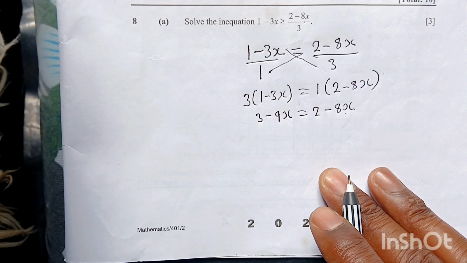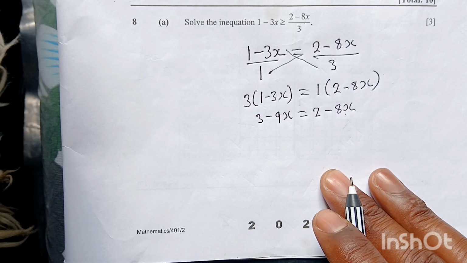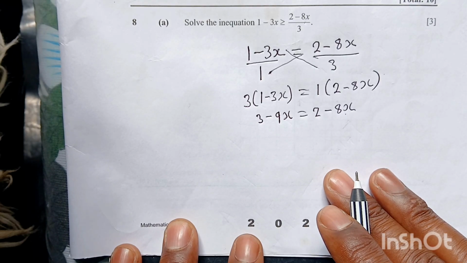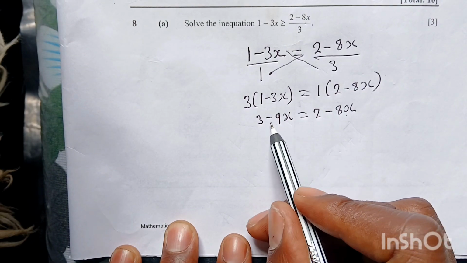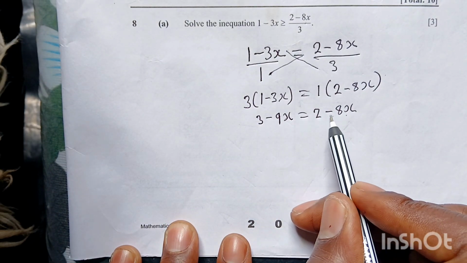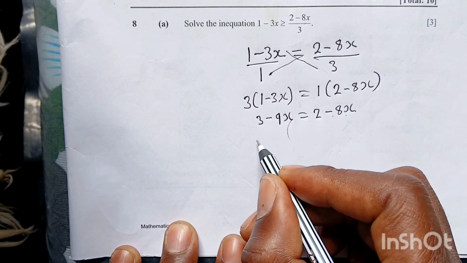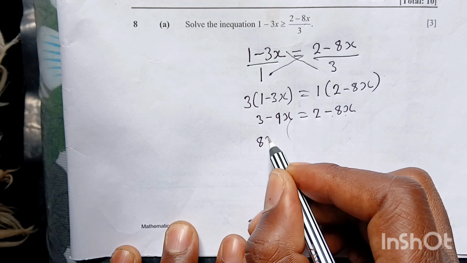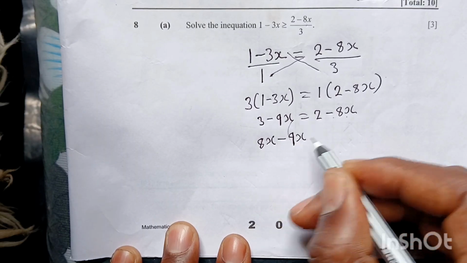So now what you need to do is collect the like terms together. What it means is those values of x go to the same side, and those numbers that are not having x go to the same side. So you take this negative 8x to the other side. When it jumps the equal sign it becomes positive 8x, so there will be 8x minus 9x equals.